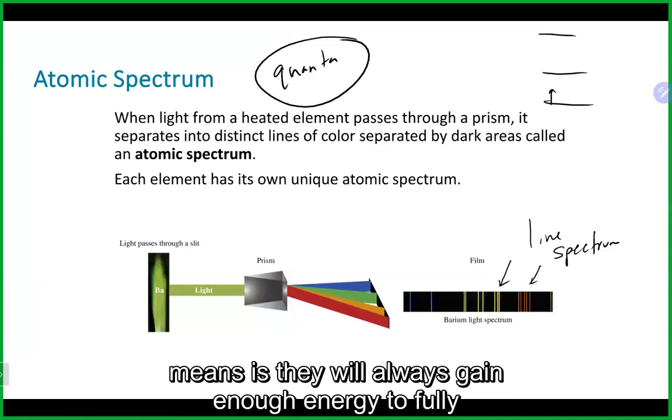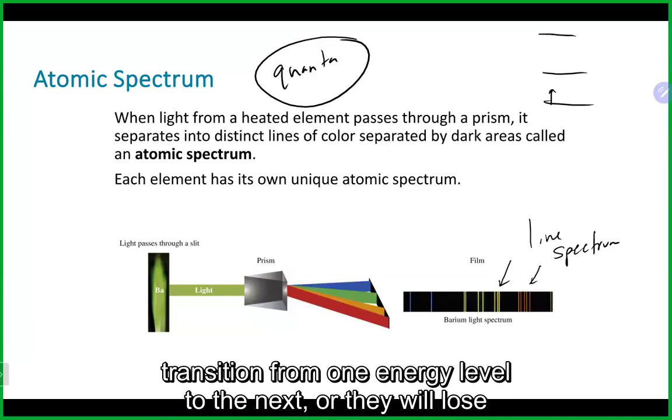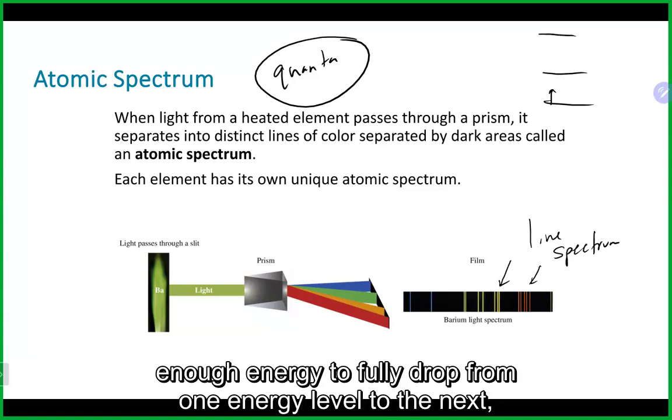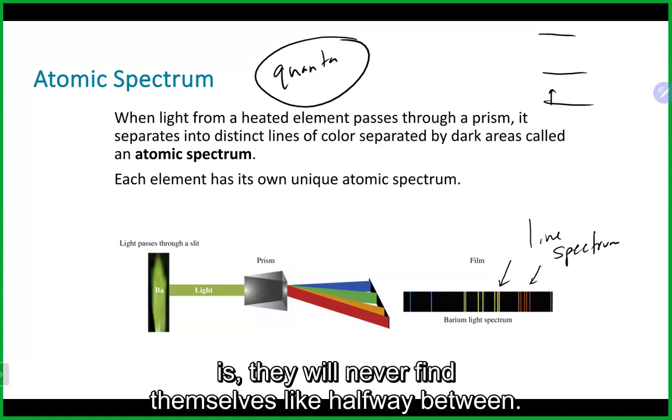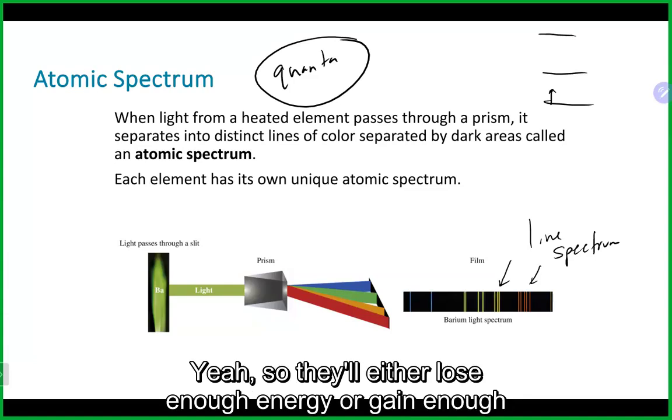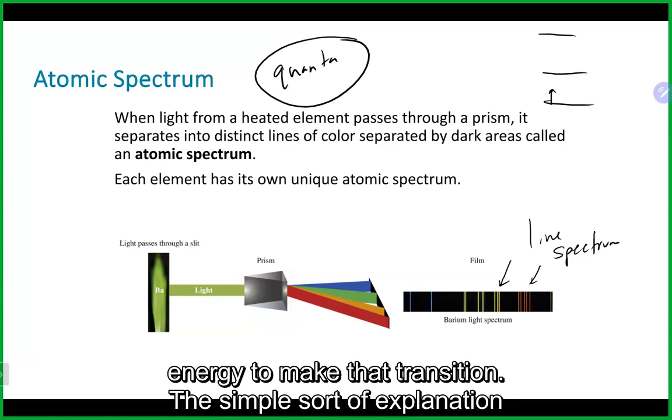They will always gain enough energy to fully transition from one energy level to the next, or lose enough energy to fully drop, maybe 2 energy levels at a time, 3, 1, whatever it is. They will never find themselves halfway between. They'll either lose or gain enough energy to make that transition.